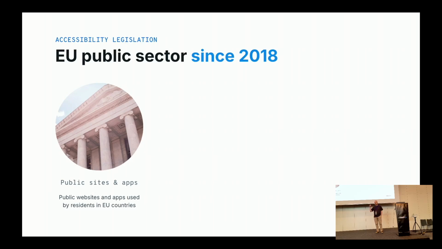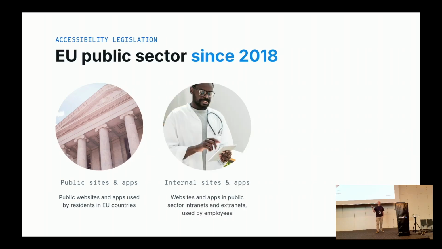What I'm pretty sure not everybody knows, though, is that also the internal applications and websites used by public institutions, by the public sector in the EU, must fulfill the same accessibility requirements. So also the employees, the tools that employees in the public sector use need to comply with the same accessibility regulations as the ones that are provided for the general public.